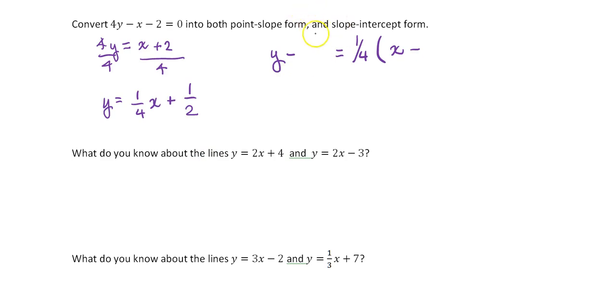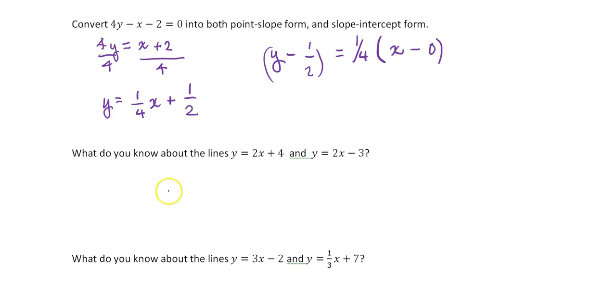So that's going to be 1/2 and 0. And again, you could plug in any number here. I could plug in a multiple of 4 and go ahead and find my y value, and then I would have that point as well.